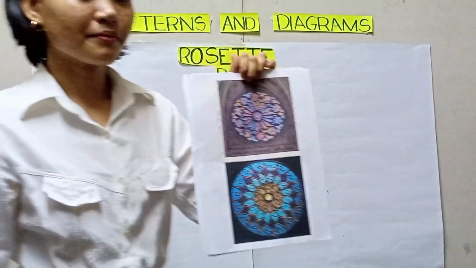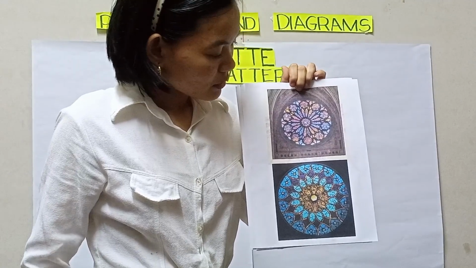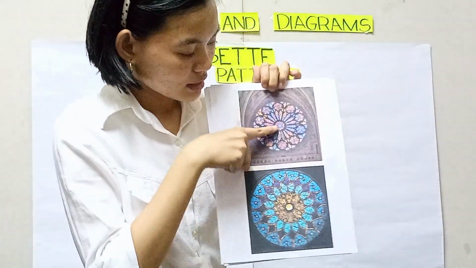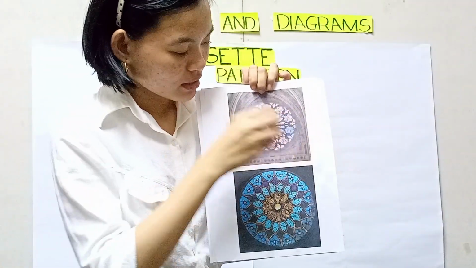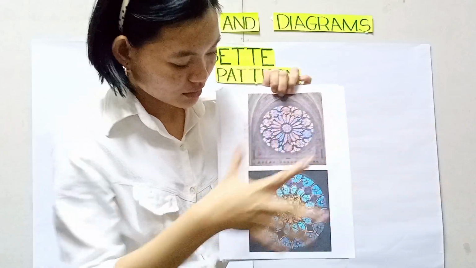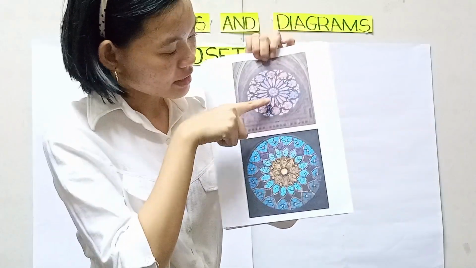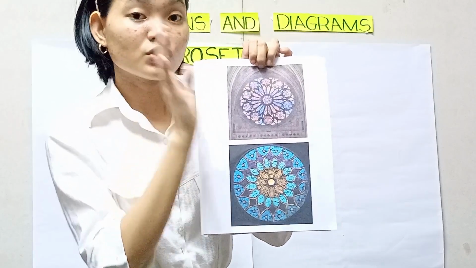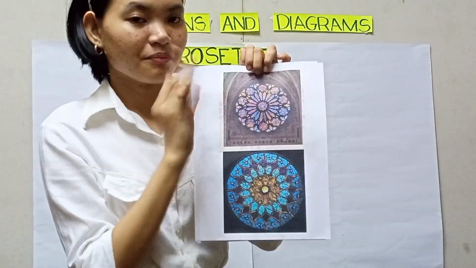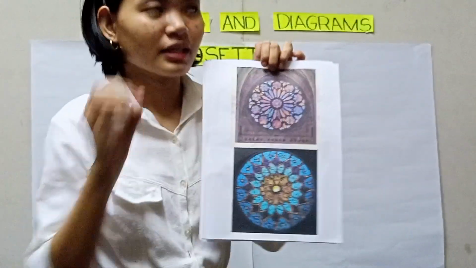When you observe it, it has a center point, and then all of its elements radiate outward. In here, this one has a straight line pattern, but it radiates outward.